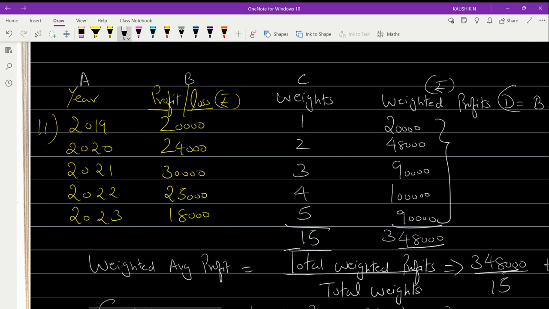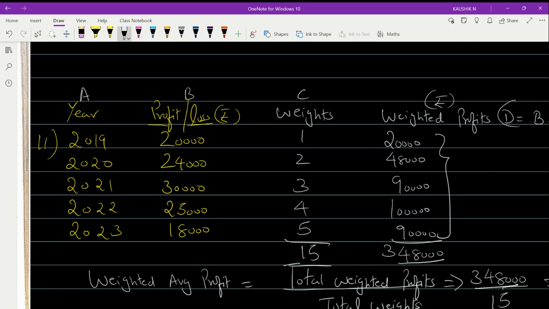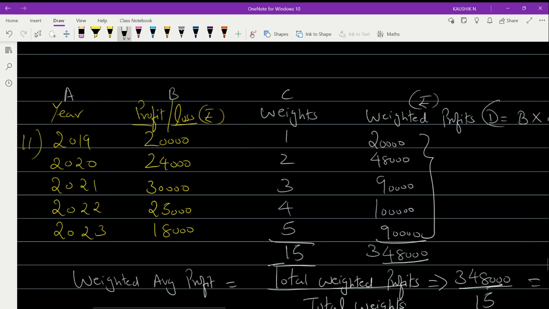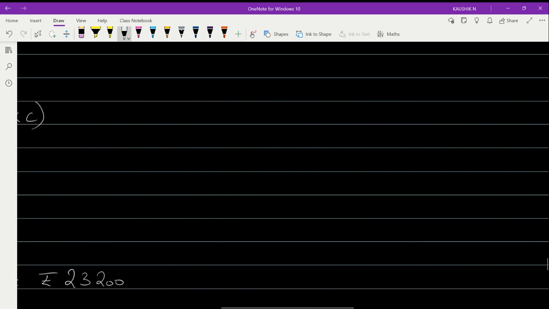Okay, suppose in the question, here the question was in ascending order 19, 20, 21, 22, 23. Suppose I am giving you one scenario, an example question.